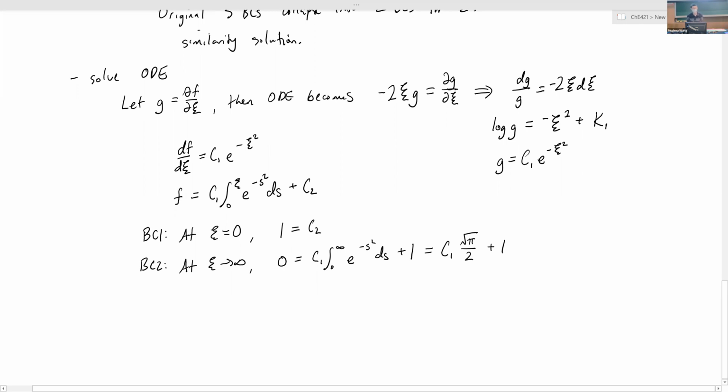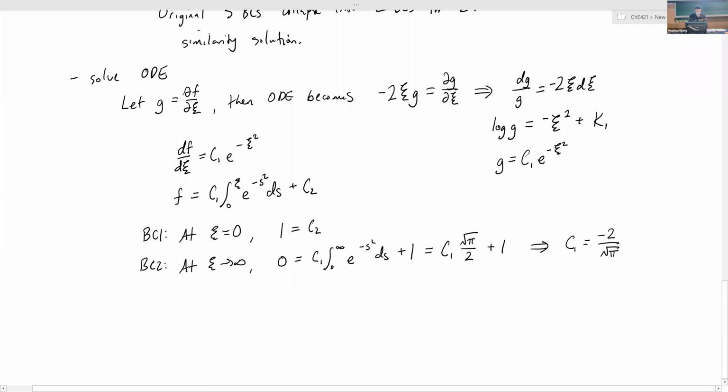If anyone wants to stay after class, or is really curious how that actually came about, I can try and derive it. But this implies that c1 is equal to -2 over the square root of pi.